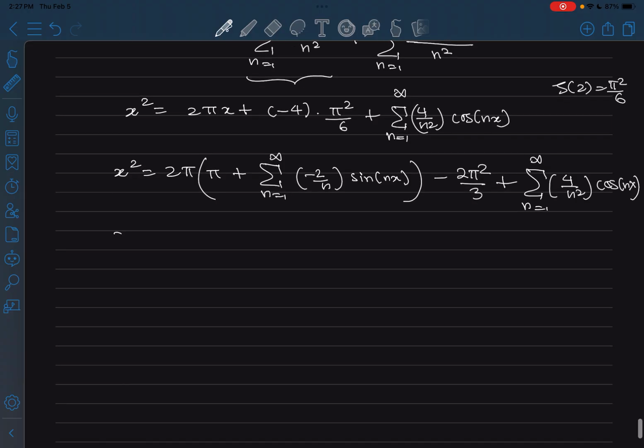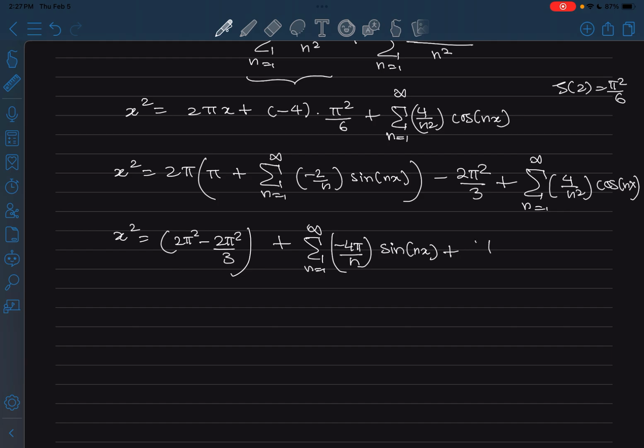So we have x square is equal to, now this is 2 pi square minus 2 pi square over 3. I'm grouping the like terms. And now this should be sum from n equals 1 to infinity. Now 2 pi times minus 2 is minus 4 pi over n. And then sine nx plus sum from n equals 1 to infinity of 4 over n square cos of nx.